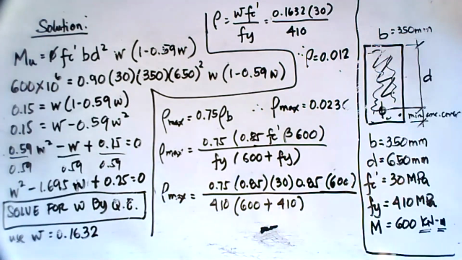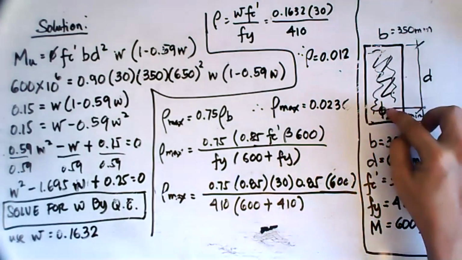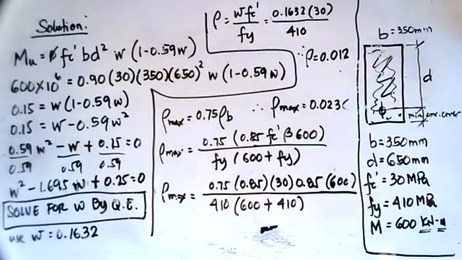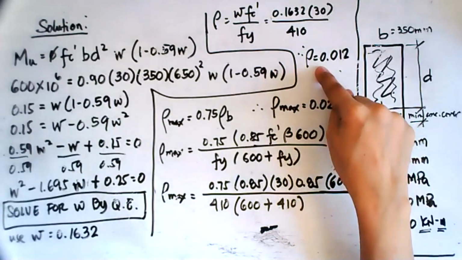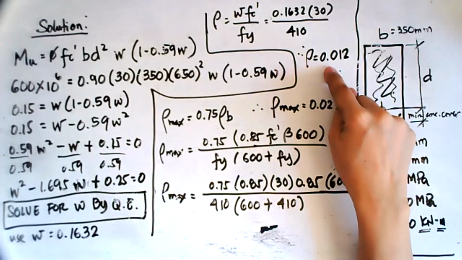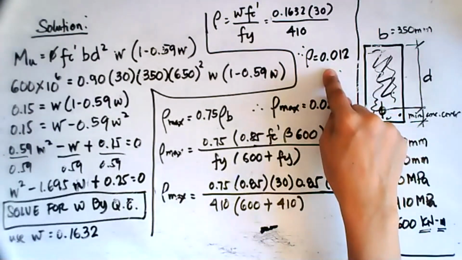So, at any rate, our aim here is to design for the beam and we need to determine whether we have to provide tension reinforcement only or do we have to provide compression reinforcement. So how do we do that? We double check the actual steel concrete ratio that we have computed here against the maximum requirement.